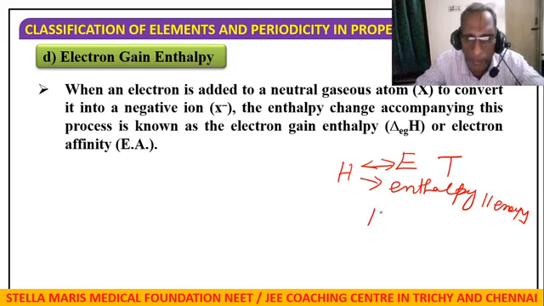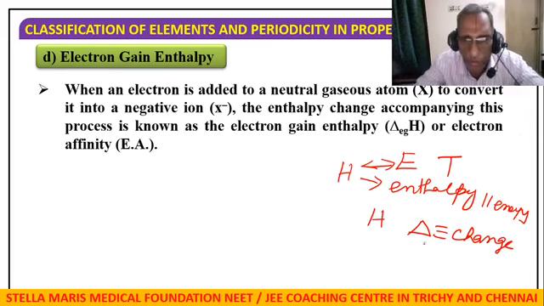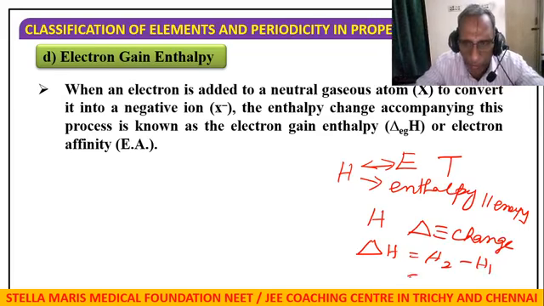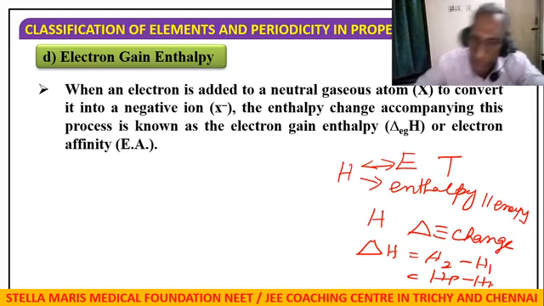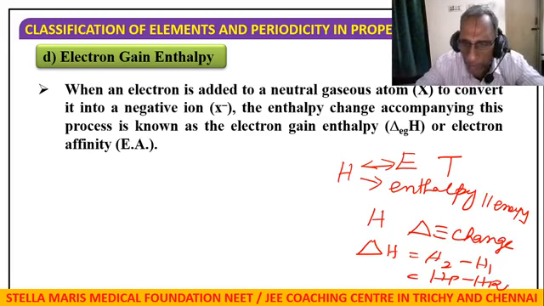But enthalpy is denoted by the letter H. Delta denotes change. So delta H means enthalpy change, H2 minus H1, or H products minus H reactants: enthalpy of products minus enthalpy of reactants.